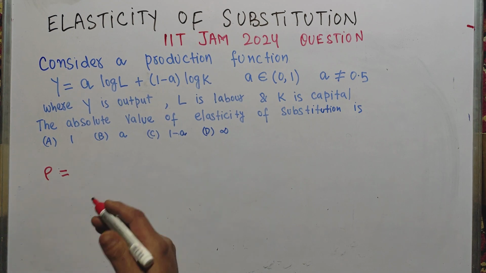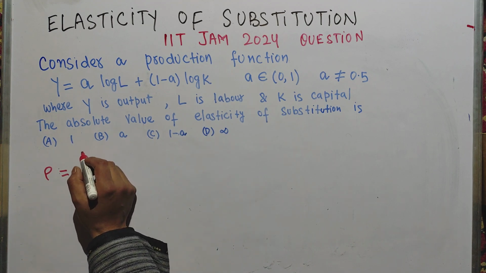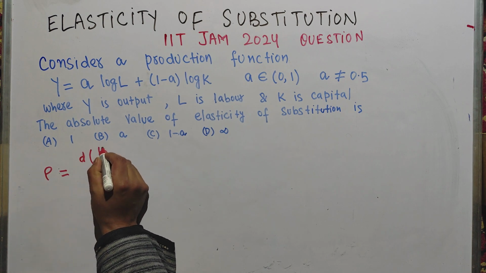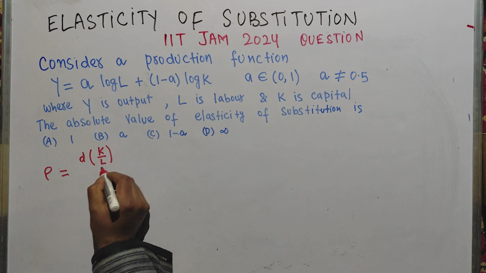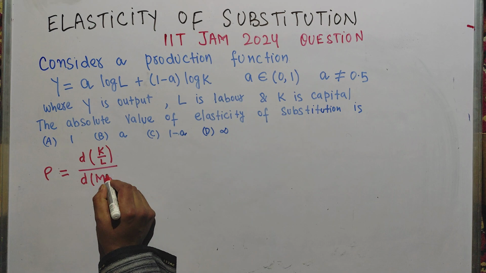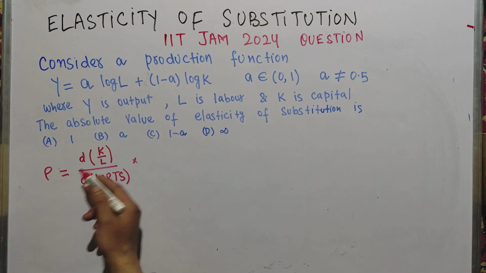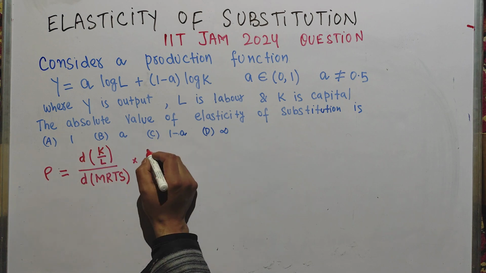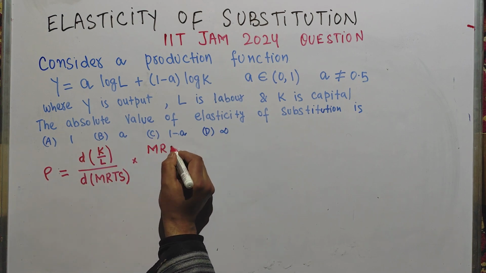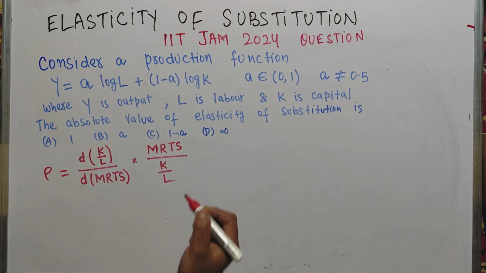Elasticity of substitution is equal to the change in the capital labor ratio relative to the change in the marginal rate of technical substitution, times MRTS upon k upon L. Okay, this is the formula for elasticity of substitution.